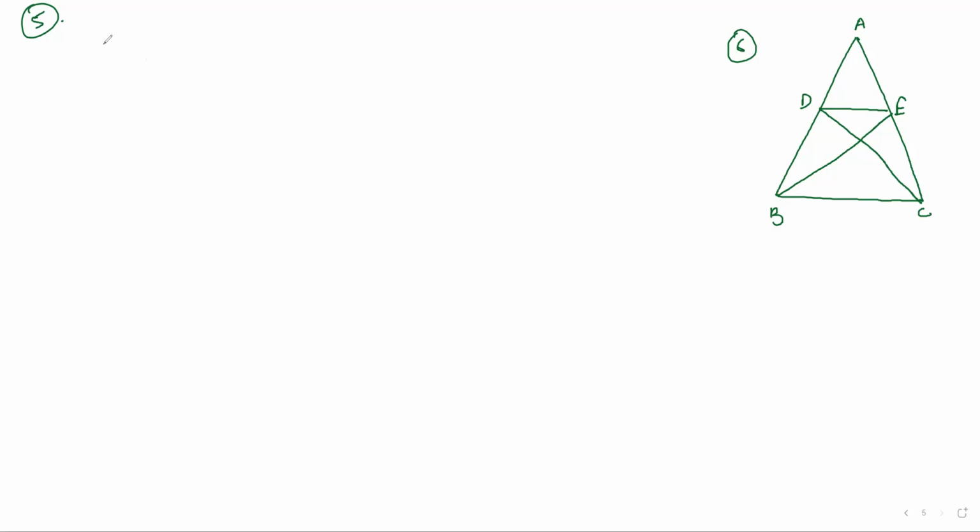Sixth, basically. Now see, in the given figure, something is congruent here. It is given that triangle ABE, so clearly see which is ABE in the figure, and ACD, they are congruent. To show that triangle ADE is similar to triangle ABC.